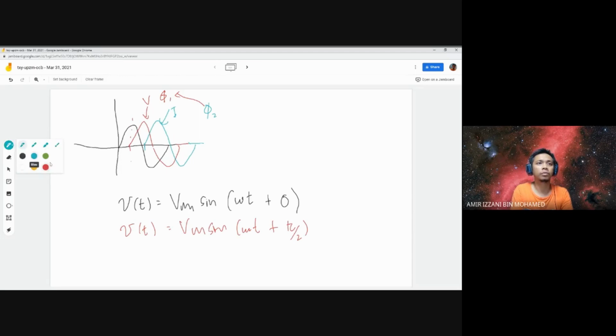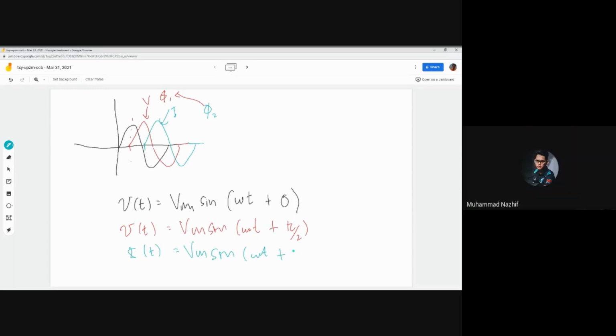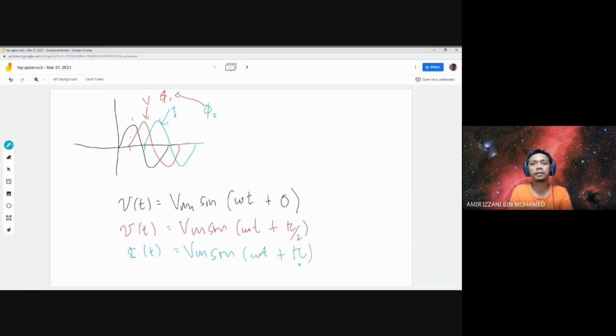For the blue one, It equals Vm sine omega t plus pi. So can you see the difference? Okay, sir.